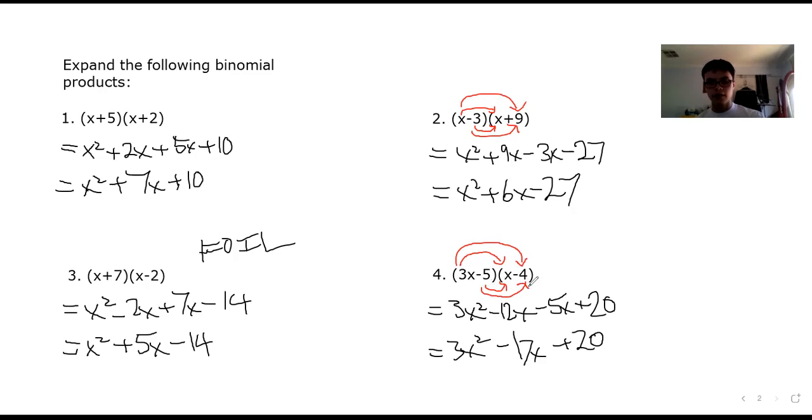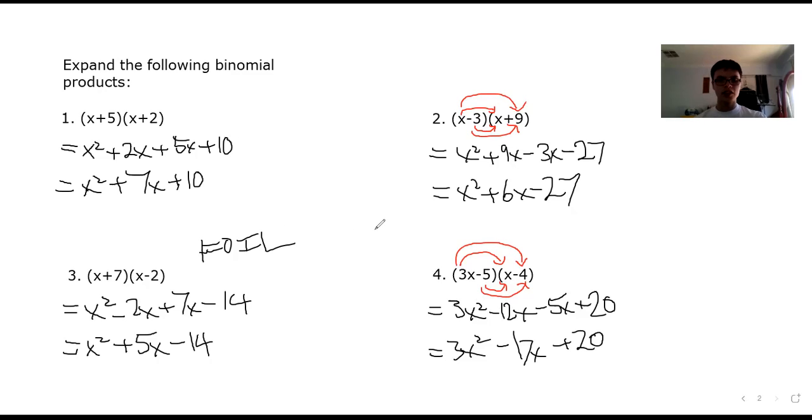So this is the sort of method that you need to use when expanding binomial products. I think using the FOIL method is the easiest way to expand those expressions.